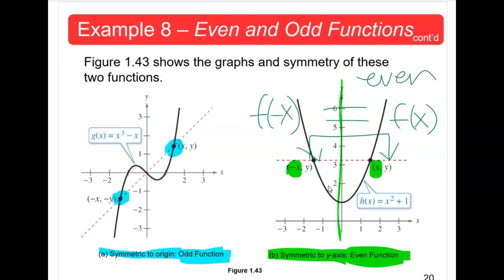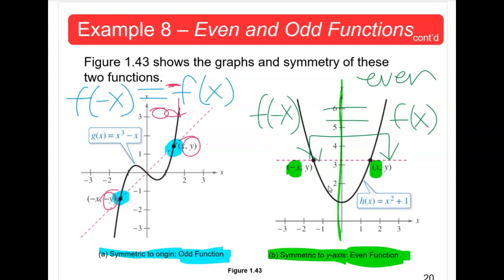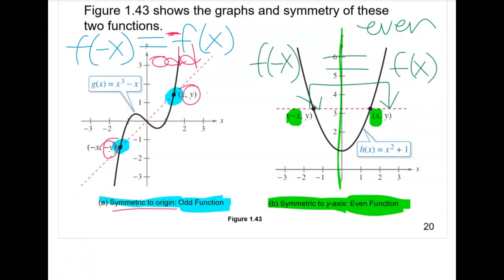In the other case, f of negative x is not equal to f of positive x, but is the complete opposite. We went from negative to positive, so we call it the opposite. And that's why the function is odd and therefore symmetric to the origin. So this is the end of the video.